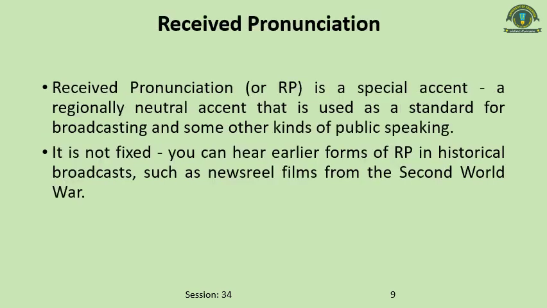Well, one term I have been using is received pronunciation, or simply RP. What is received pronunciation? That's very important to understand for the students of English language and linguistics, especially those who are studying phonetics and phonology.